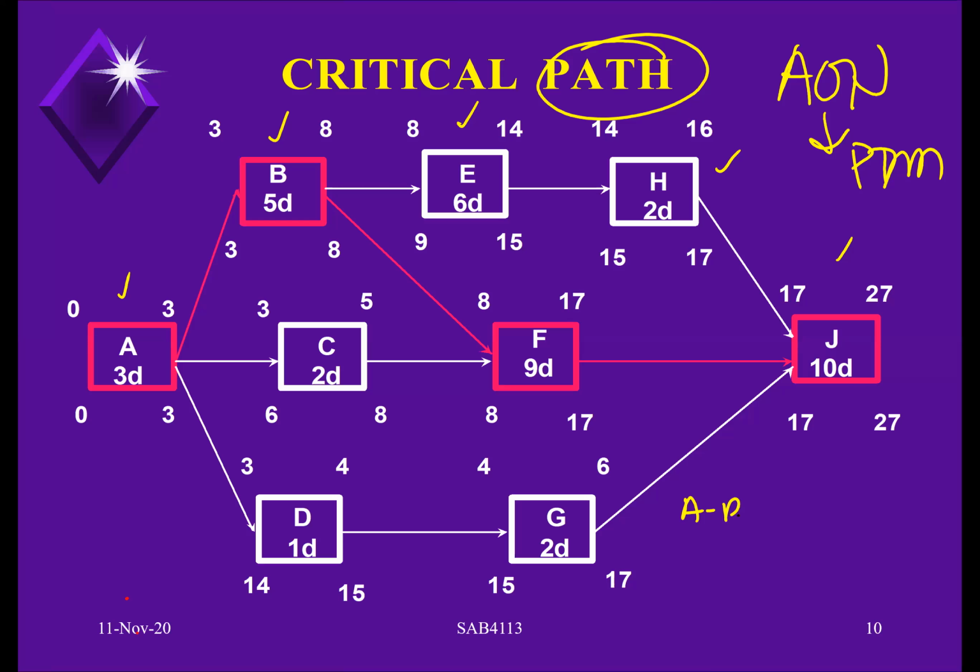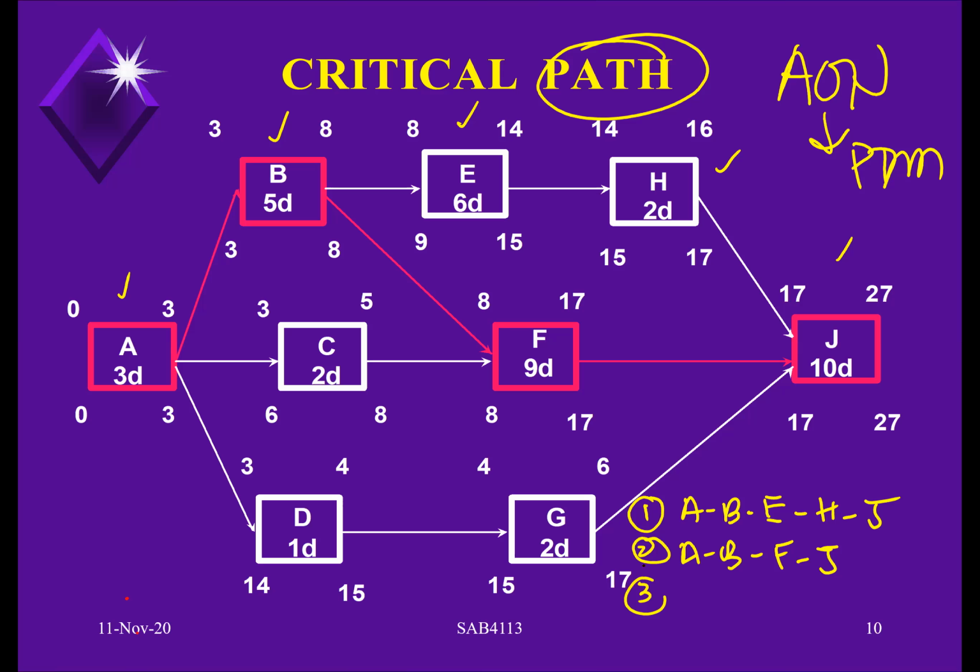Number two, A, B, F, J is another path, the red one.